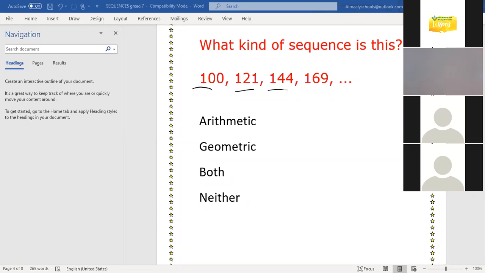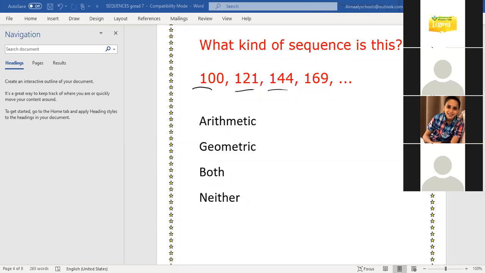No. No. My sons, here you don't have a constant difference, because 121 minus 100 equals 21, and 144 minus 121 equals 23. So the difference is not constant.